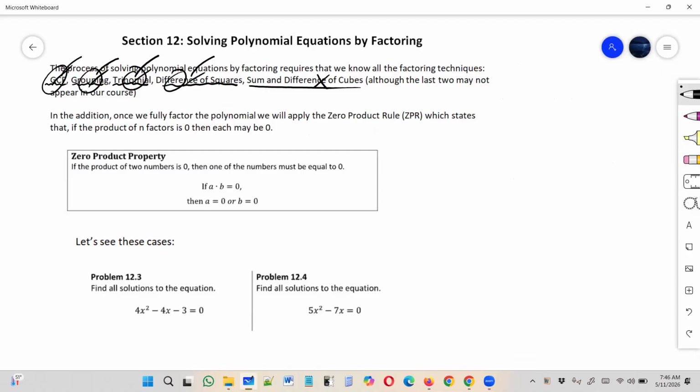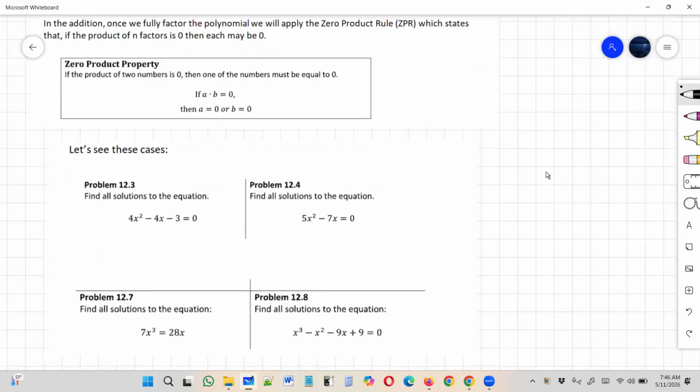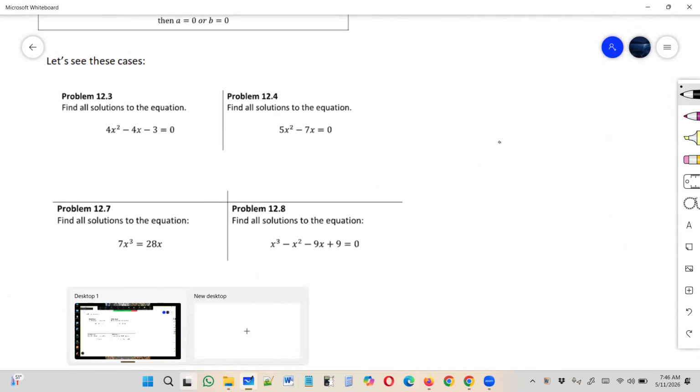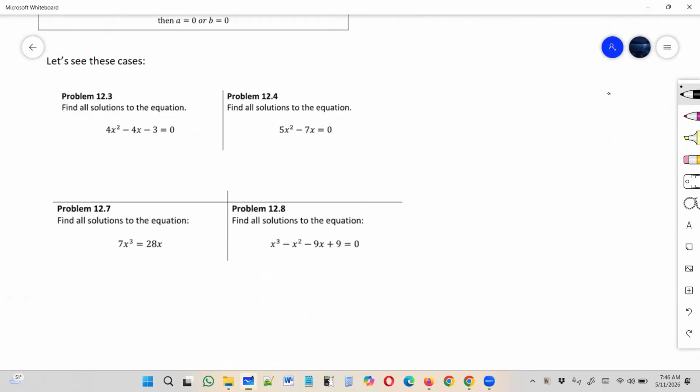So let's take a look at some very basic examples. I am going to begin with this case because I think it's easier. We always want to begin with a 0 here, right?